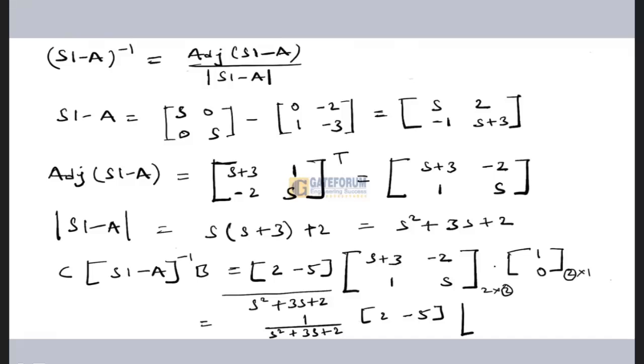And this particular part will become s plus 3, and minus 2 into 0 is 0. Okay, this into this, so minus 2 into 0 is 0, s plus 3 into 1 is s plus 3, and 1 into 1 is 1.